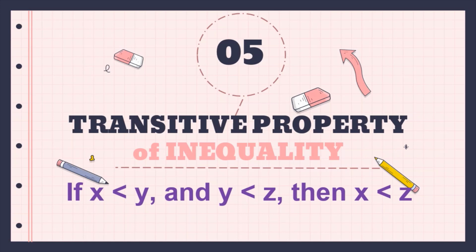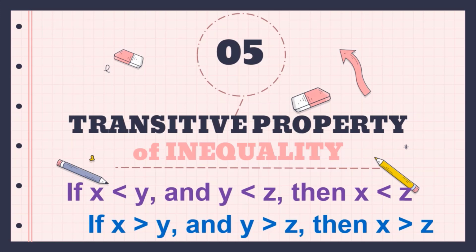Kung mapapansin ninyo, sunod-sunod lang siya x, y, z. And then, kapag lahat sila, si x daw is less than y, and then si y is less than z, basta paliit mula kay x hanggang kay y, mas maliit si z, meaning si x is less than z. So, ibig sabihin, mas maliit si z, si x kaysa kay z.